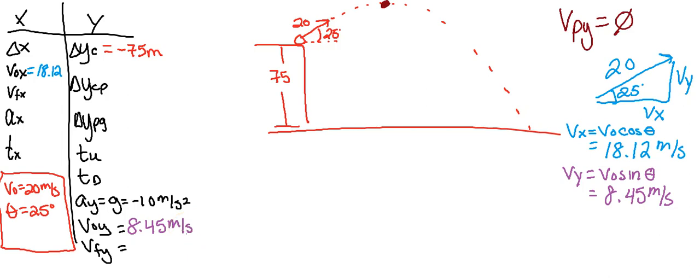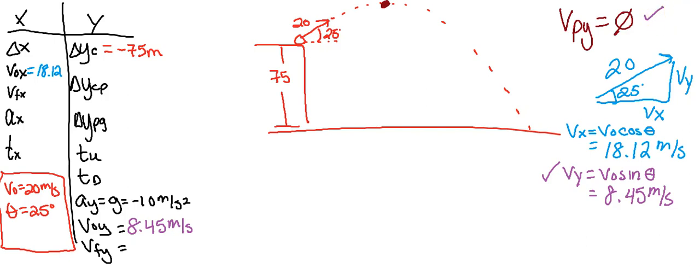Now, the question says, what's the time it takes to go to the top? Since we're talking about the first interval, we can ignore the second half. So if we want to find time, we want to find an equation that has enough information that we already know. Now we know V initial in the y direction is 8.45. We know V final in this interval in the y direction is 0. And we know acceleration is gravity.